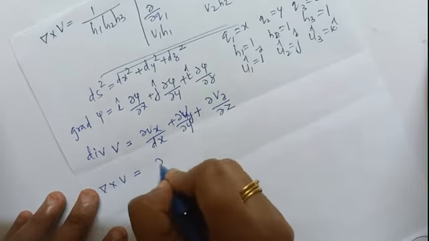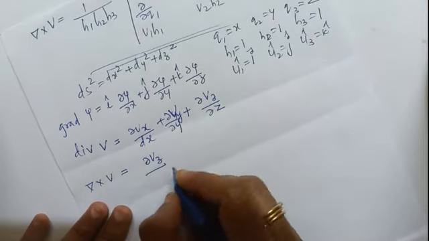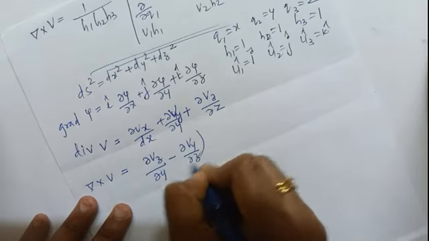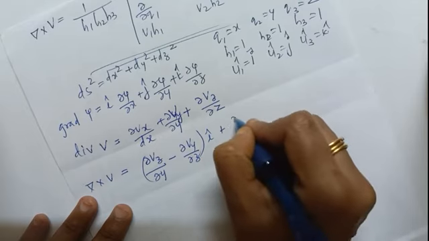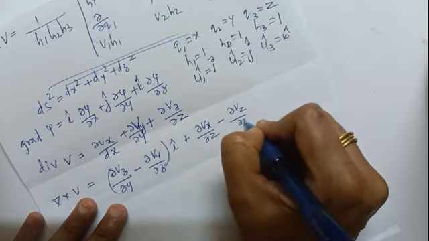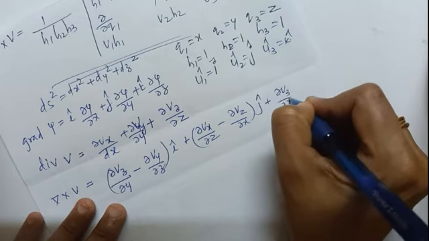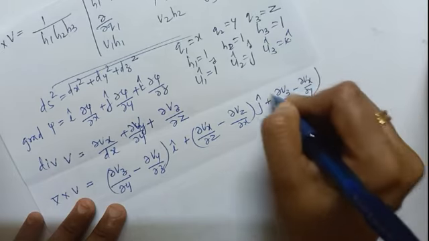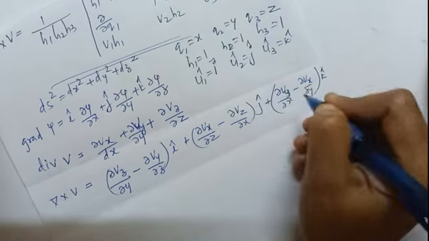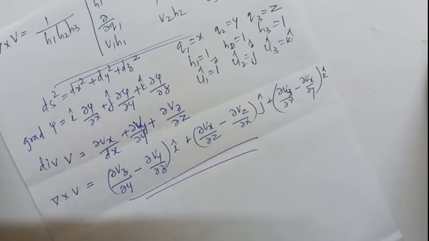Similarly, our del cross v we write in the determinant form and cross multiply. These things you know, I am simply rewinding; in the introductory part itself we told it. So this is what we have in the Cartesian coordinates also.